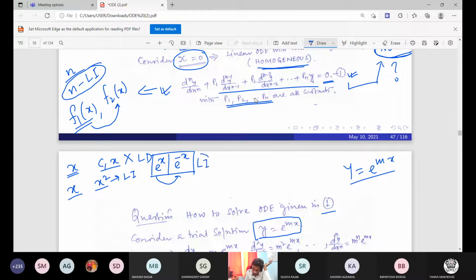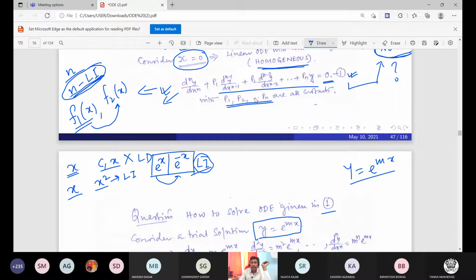We have a separate part of this particular course on how to check linear dependence and independence, and all the things related to these two types of function we'll discuss subsequently. But the main idea is when we have an nth order differential equation, we can expect that the differential equation must have n number of linearly independent solutions.